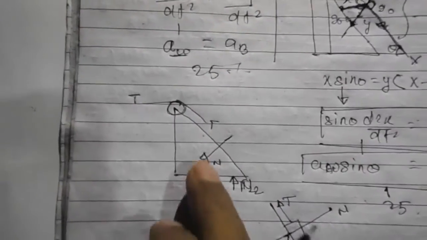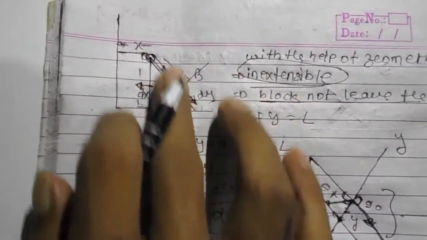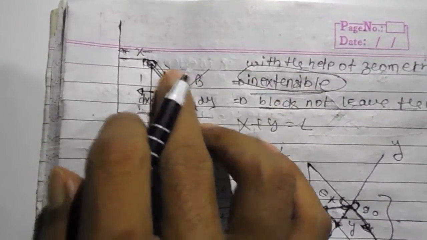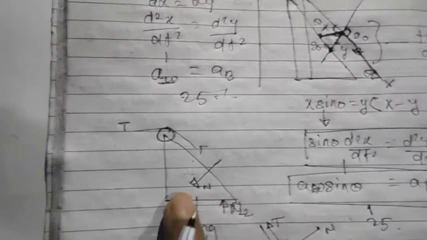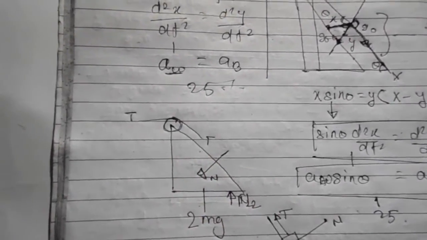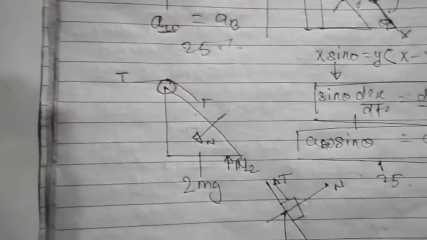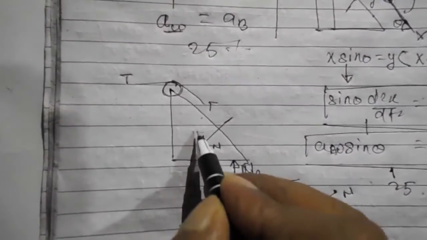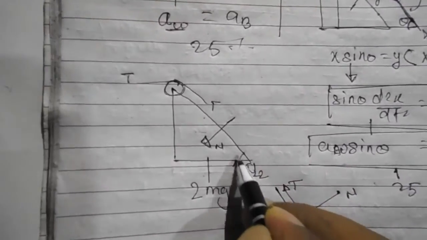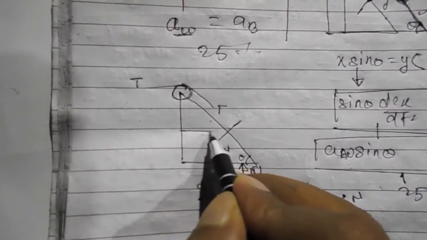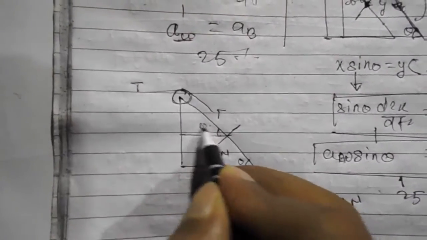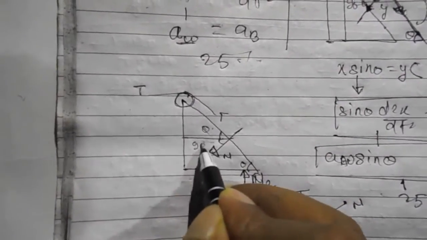So this block will move only along this. It is not going to leave the surface along the y axis. Along this vertical axis it is not going to leave this surface, so it can move only along this. So I have taken the acceleration of the wedge. This angle is theta, this angle will be 90 minus theta.